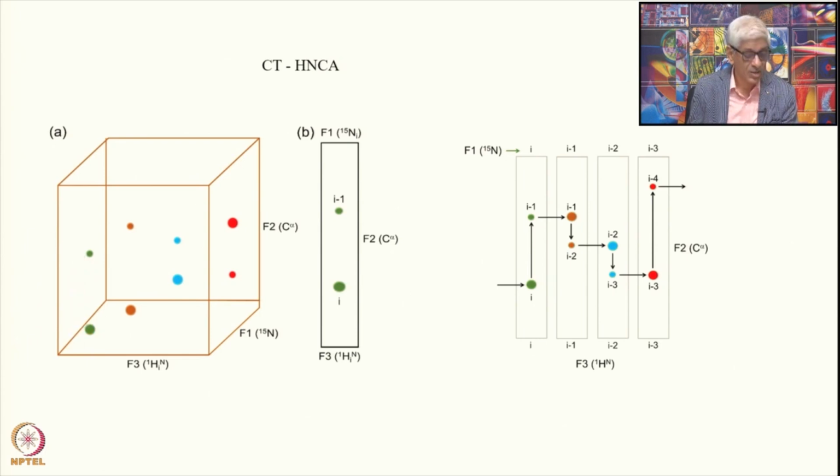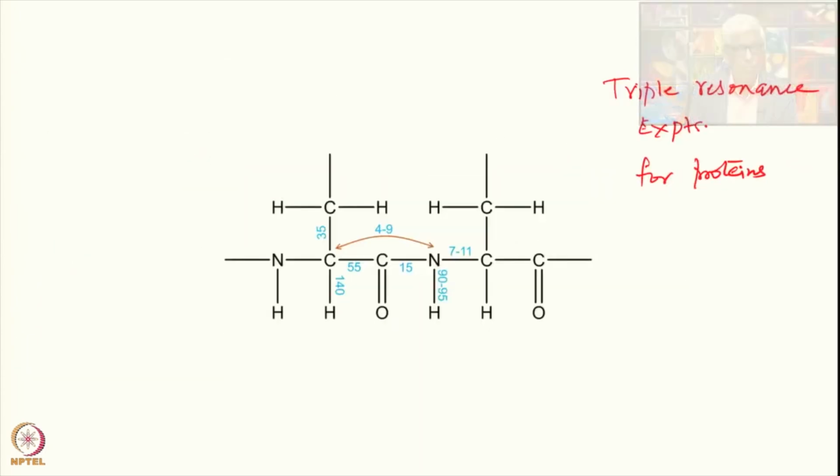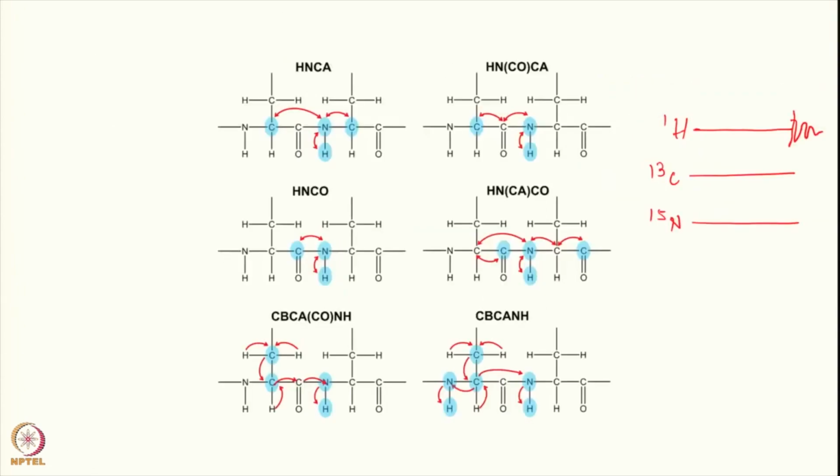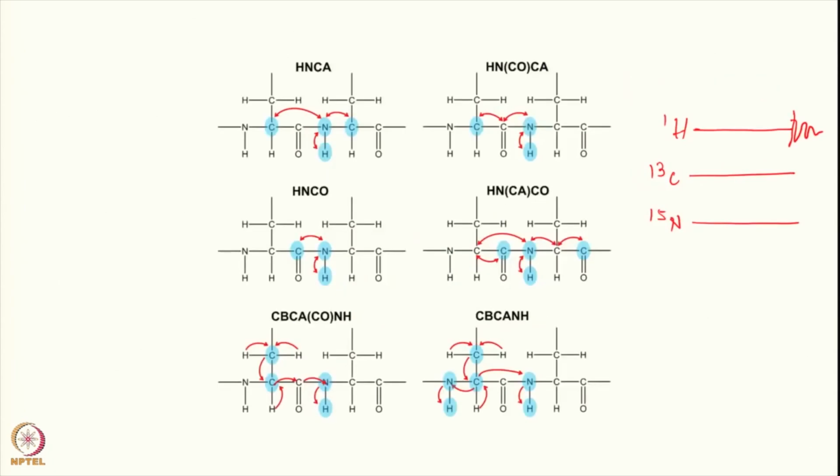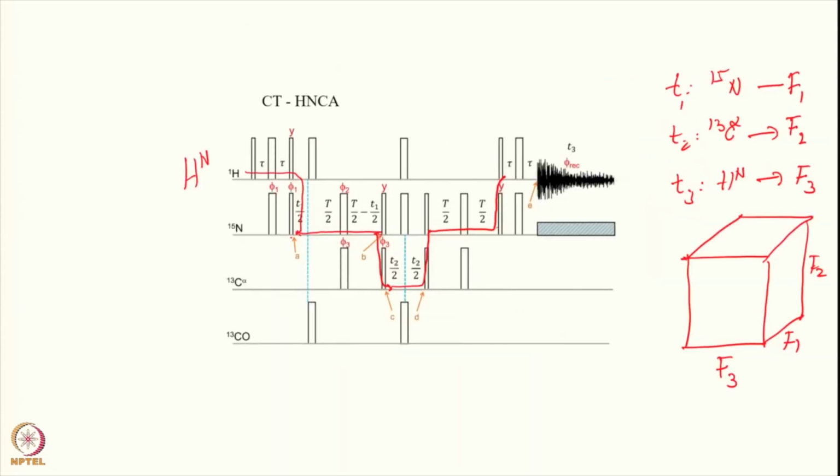So let me go back there and show you what we had there, HNCA. If you look at this, we transferred from the amide proton to the nitrogen, and from the nitrogen we transferred to both the C alpha, this C alpha as well as this C alpha. So this is the self residue I and residue I minus 1. Therefore both will have to reflect in your spectrum, and that is what is happening here.